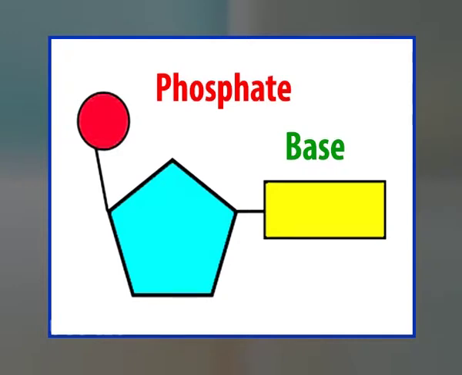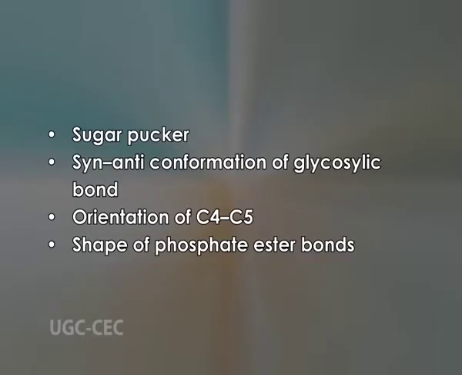Nucleotides have rather compact shapes with several interactions between non-bonded atoms. We can more simply describe the shapes of nucleotides in terms of 4 parameters: the sugar pucker, the syn-anti conformation of the glycosidic bond, the orientation of C4-C5, and the shape of phosphate ester bonds.